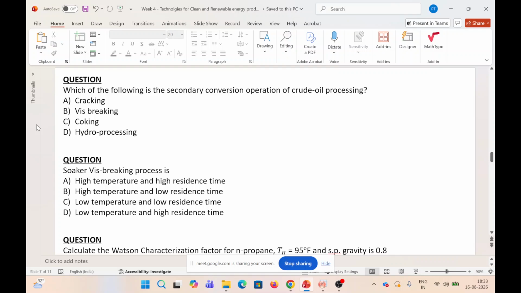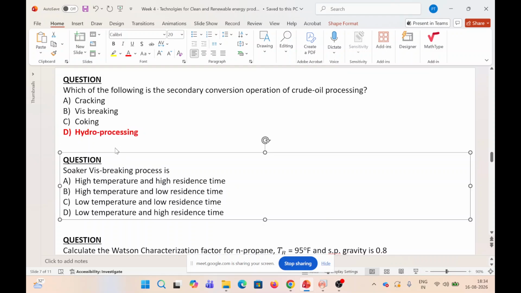Any answers? So it is hydroprocessing. That is the secondary conversion operation for crude oil processing.